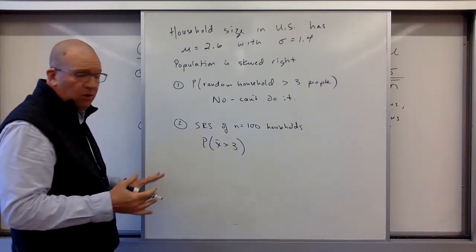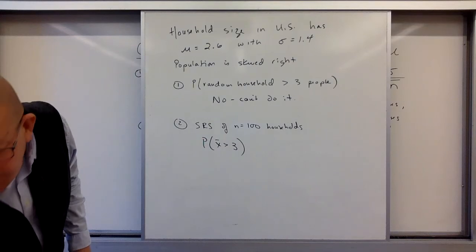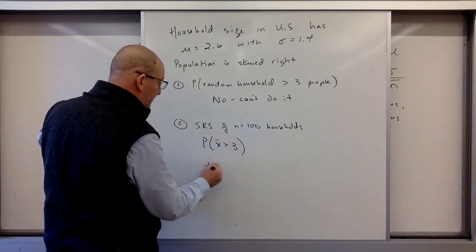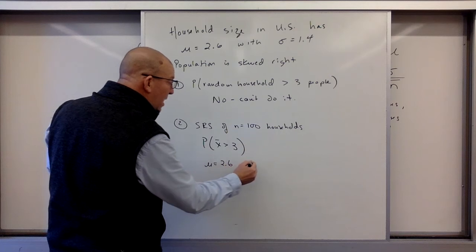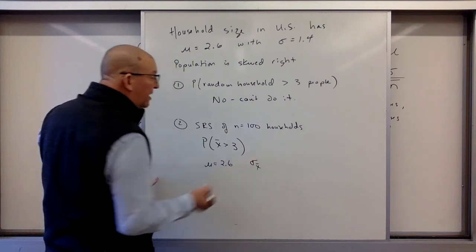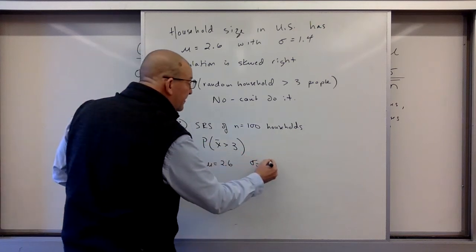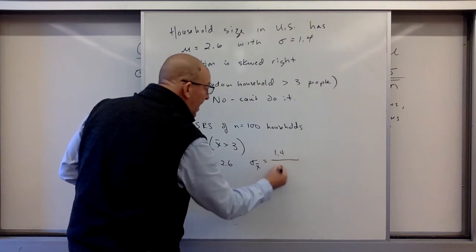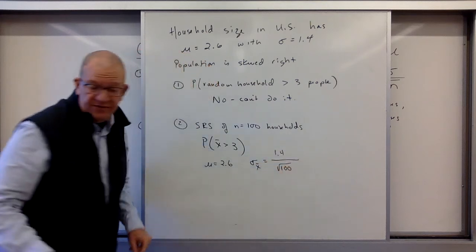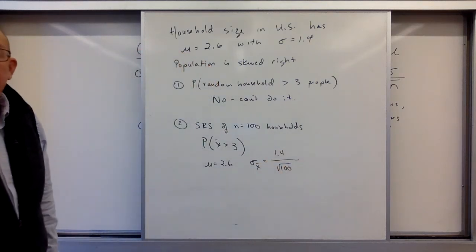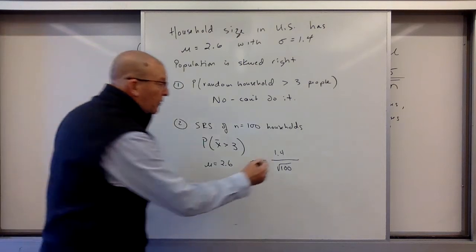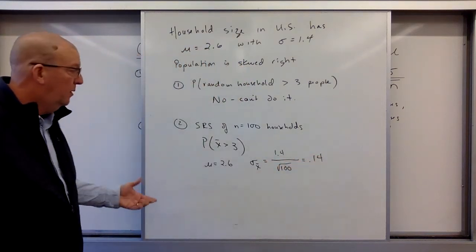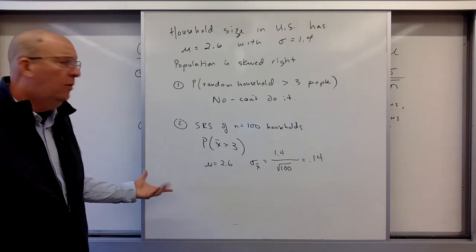Okay, so now this all comes together pretty nicely. Your mean is 2.6. The standard deviation of our sample mean is going to be the standard deviation, 1.4, divided by the square root of the sample size. 1.4 over 10, on my planet, that's 0.14. Well, now we're ready to go.